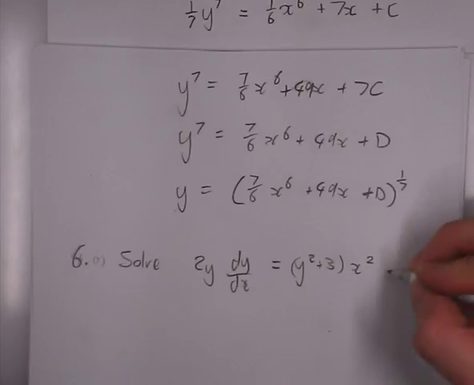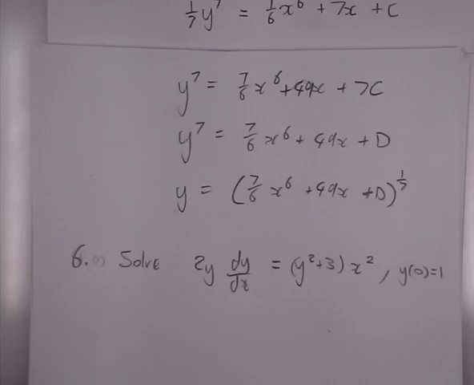So this one has y of 0 equals 1. It'll often be 0, that's the one that you know, because in practical situations that's usually the one that you actually know the answer to, and you want to figure out all the rest.